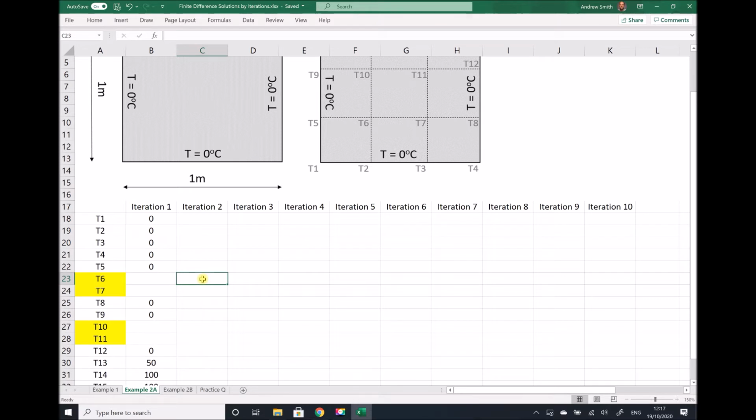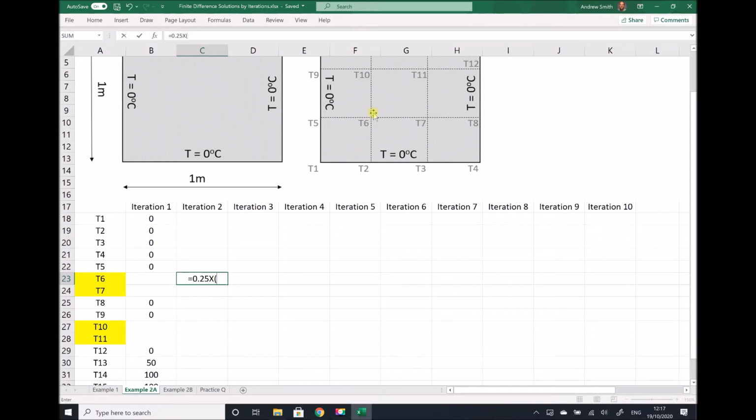So the formula that I'm going to input is equals a quarter, 0.25, times open brackets. Now the quarter here is because we're going to add the 4 values and divide by 4. So with having the quarter outside the bracket, I now just need to input my 4 surrounding temperatures.